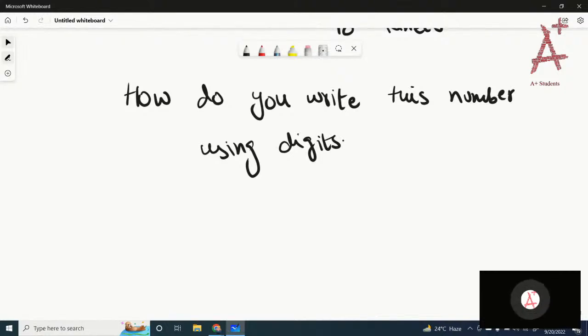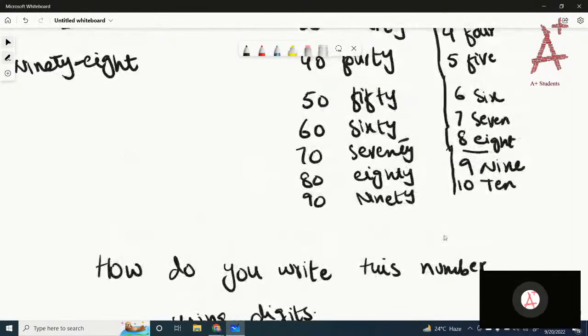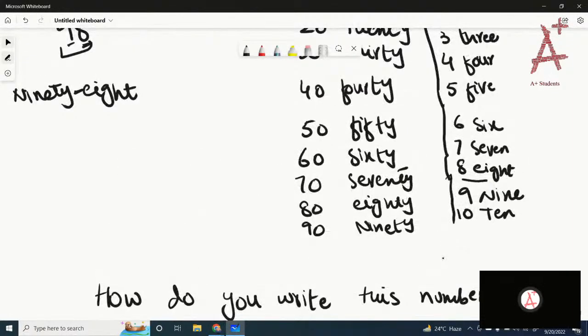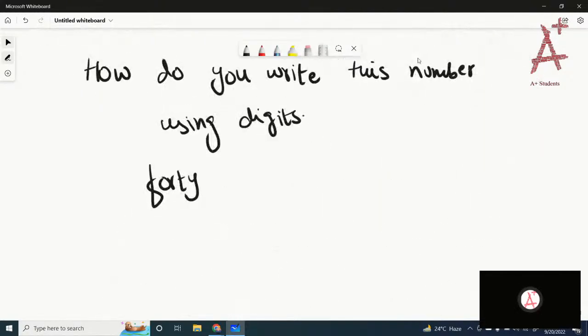The number is 40. So just look at the table we have written the numbers with. So see, here is 40, and there you have the numbers. You can write 40 as 4 and 0. Got it?